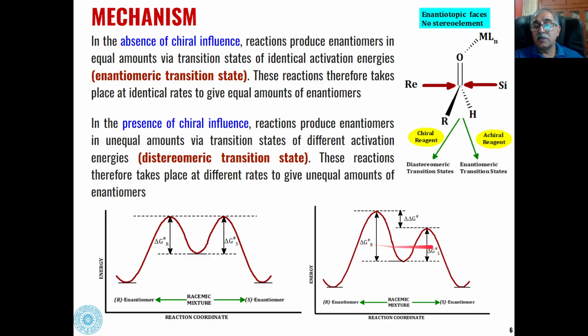So as the rate of reaction is different for both enantiomers, the formation of the product will also be different. Such reactions are diastereoselective or enantioselective reactions.